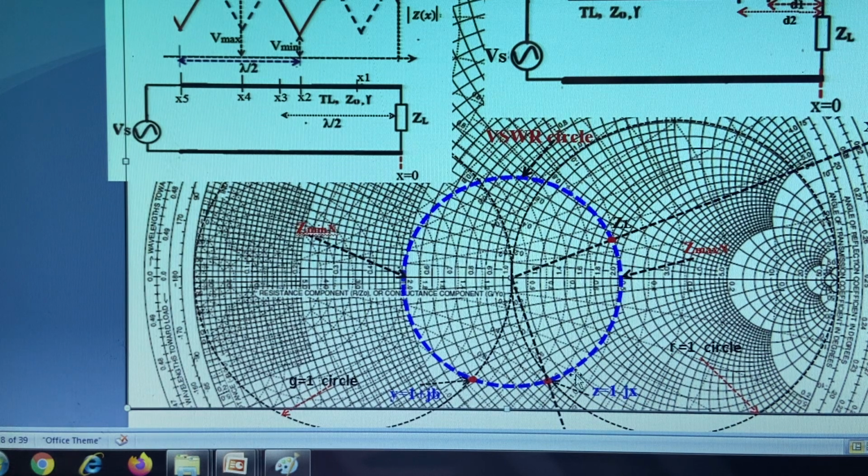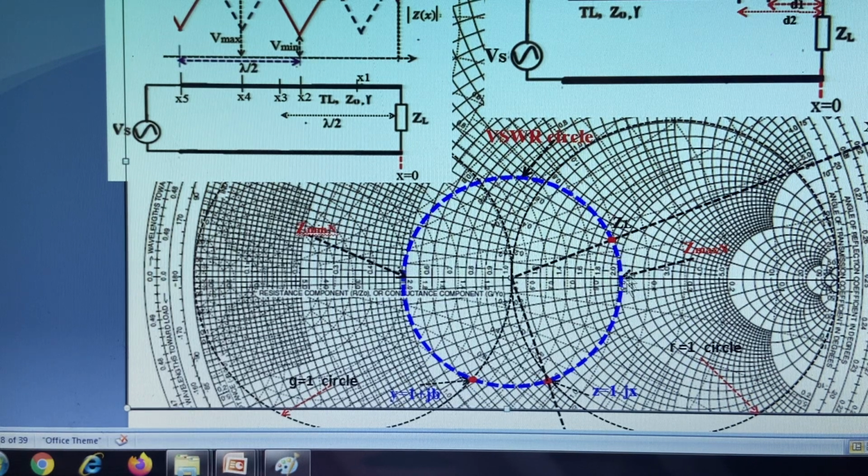This VSWR circle is intersecting the R equals 1 circle here. You stop here, and read the impedance at this position. Because the resistance circle value is 1 here, that is 1, and X may take any value. Because we are in the lower part of this Smith chart, the reactance is negative, so minus jx here.